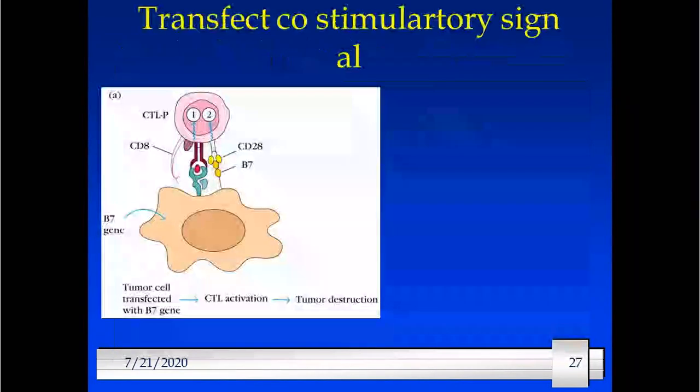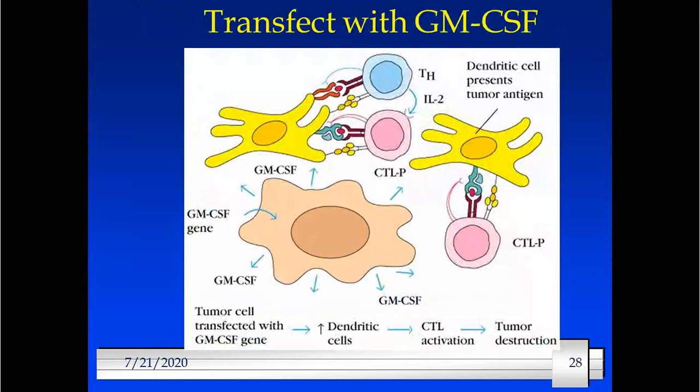Another way to potentiate the immunity is by transfection. It's potentiation of the co-stimulatory signal by transfection of B7. B7 is part of the co-stimulatory signal in cytotoxic T lymphocytes. B7 binds to CD28. So when we transfect the B7 gene into the tumor cell, it will enhance and potentiate the co-stimulatory signal, and thus enhance the priming of T lymphocytes. Another way is transfection with GM-CSF.